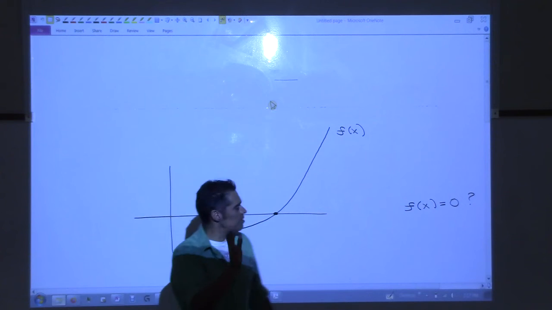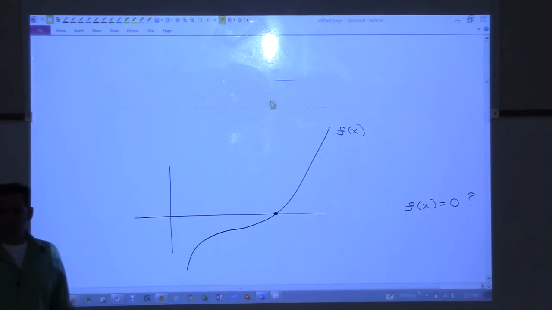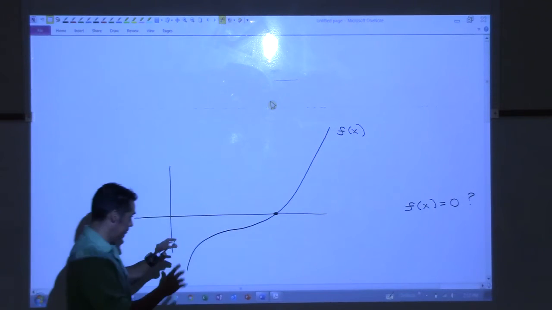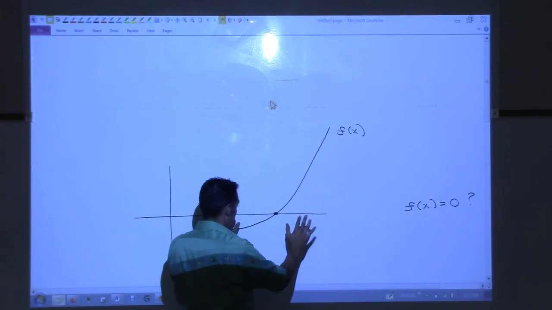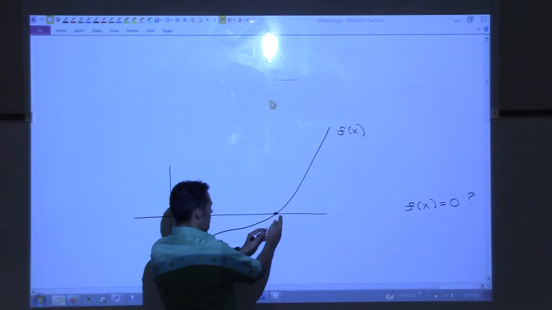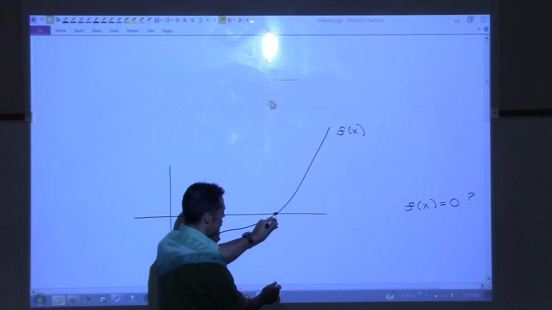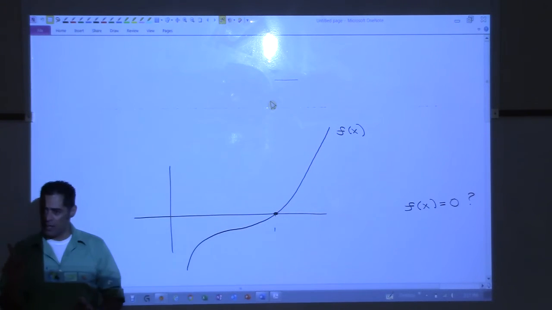So here's a very strange but clever way you could find it. How about I just take a guess first. Let's just say for the sake of this problem that the solution is 1, but we don't know that. We don't know the answer is 1.